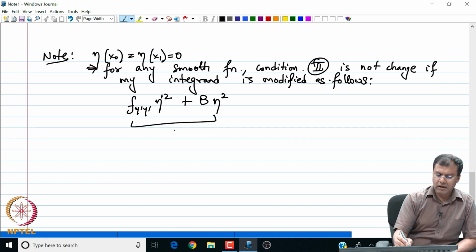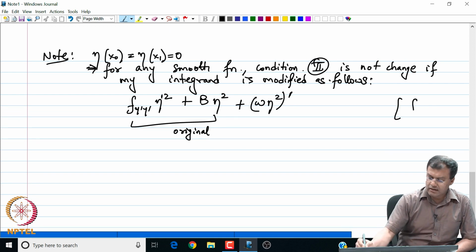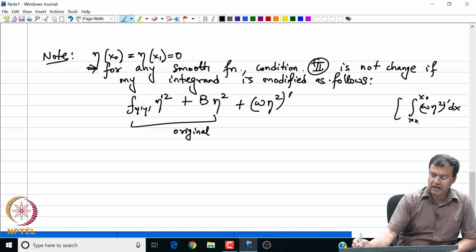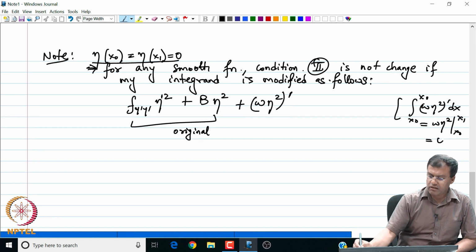If I add the quantity w eta square whole prime, note that the integral of w eta square whole prime dx is the evaluation of this quantity from x0 to x1, and due to the boundary condition, this vanishes.